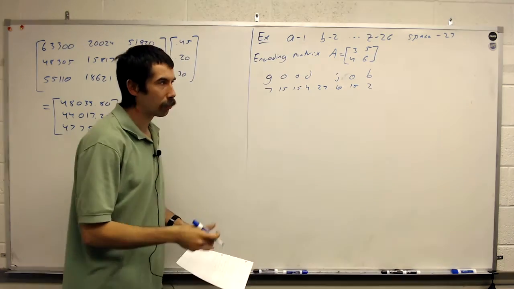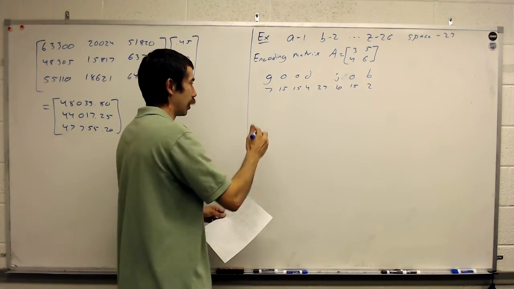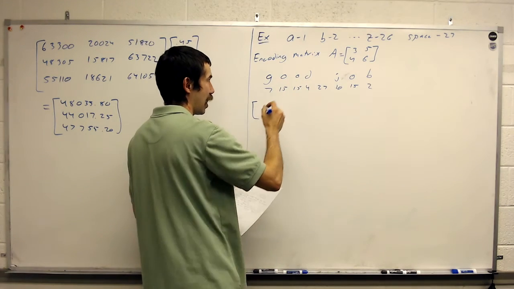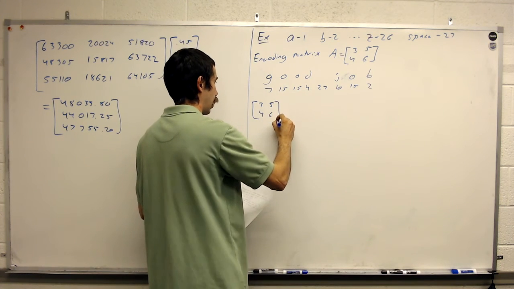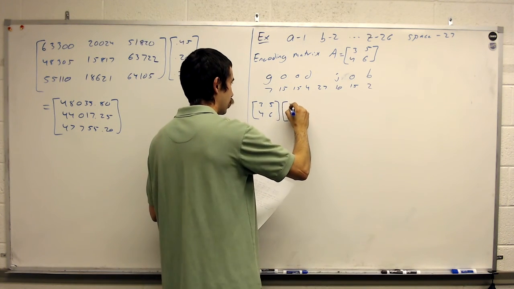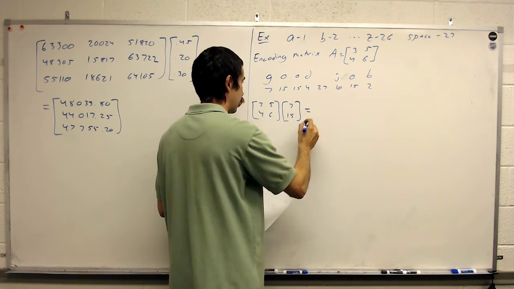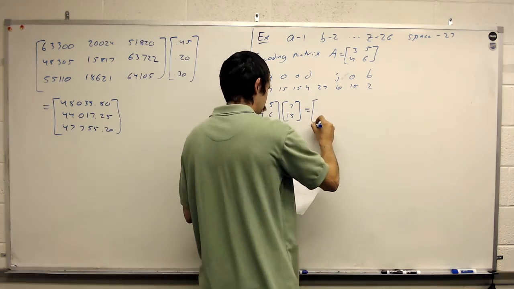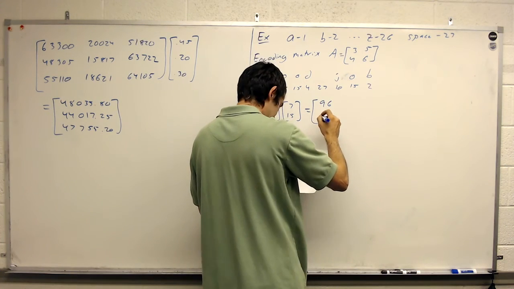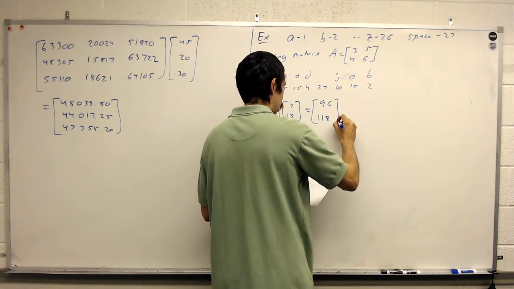And so what we could do to encrypt our message is we could take our original matrix A and multiply it to 7, 15. All right, if we do this matrix multiplication, we get 96, 118.